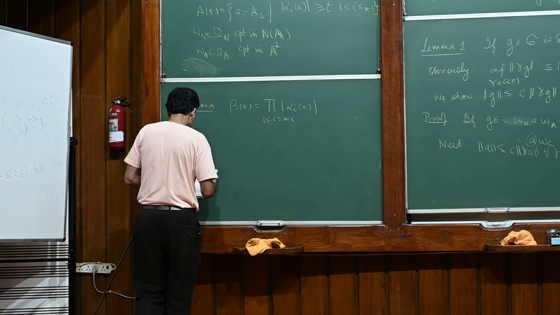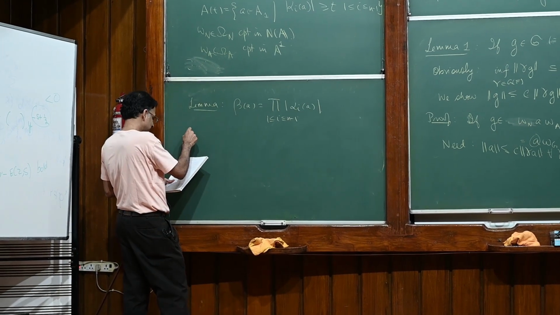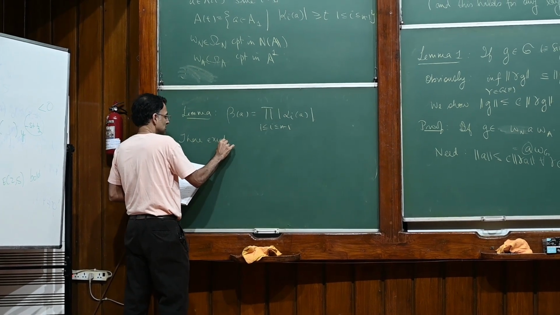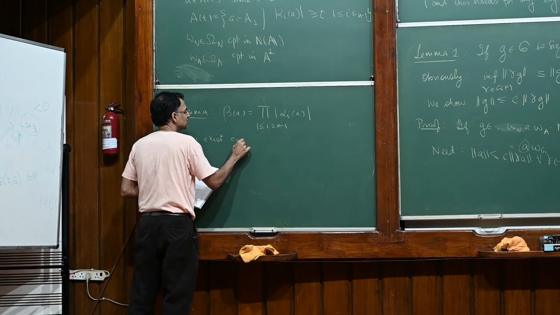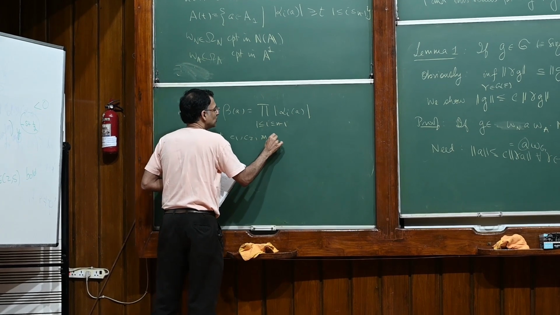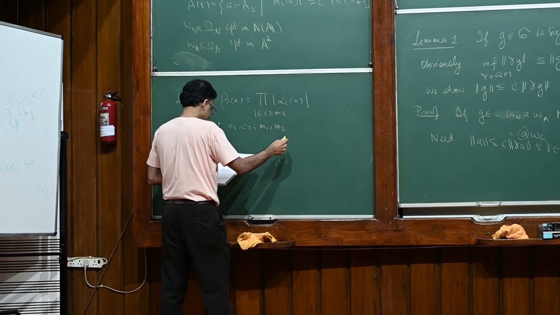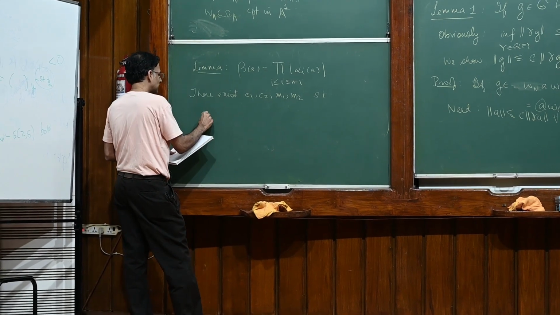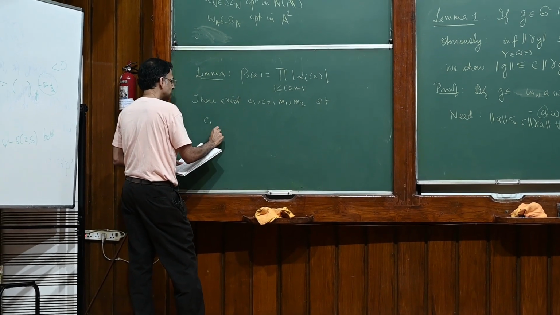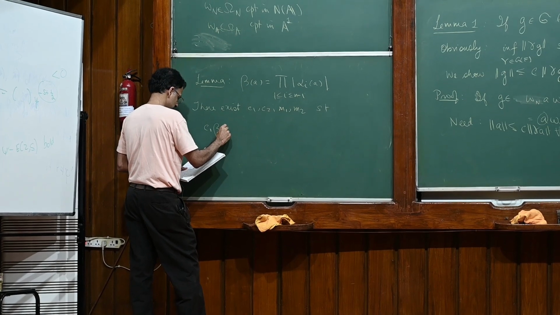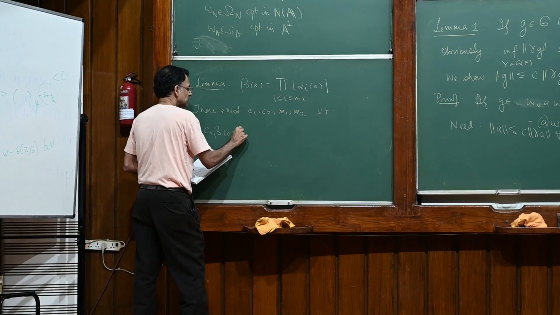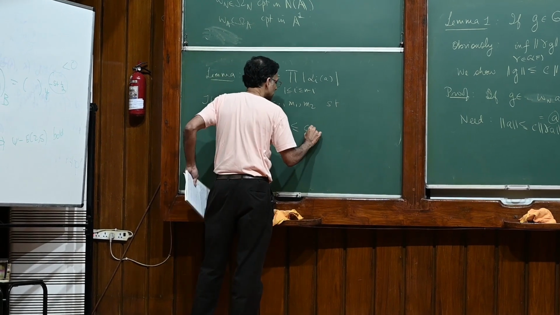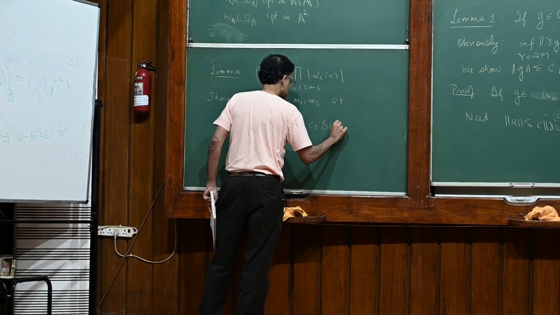So suppose you have this, then there exist C1, C2, M1, M2 such that for any A in A, C1 beta A to the M1 is less than or equal to the norm of A, which is less than or equal to C2 beta A to the M2.